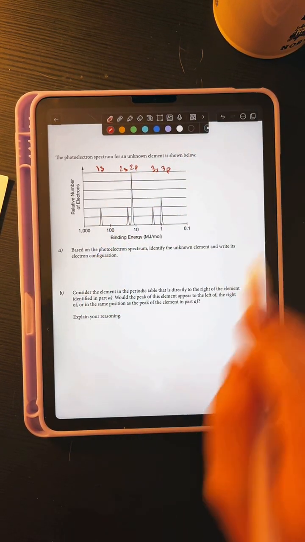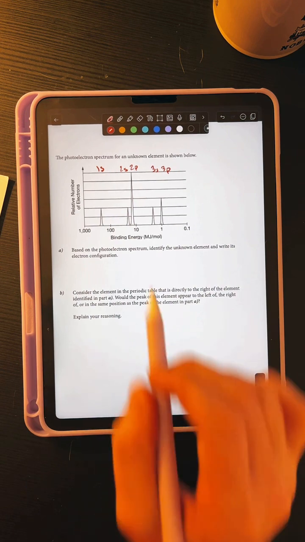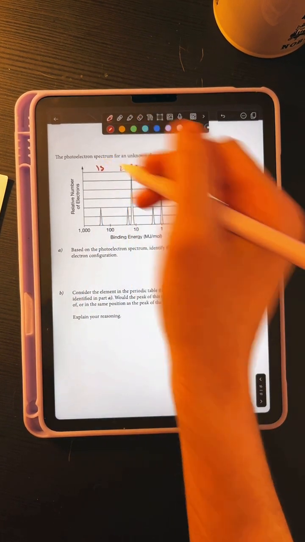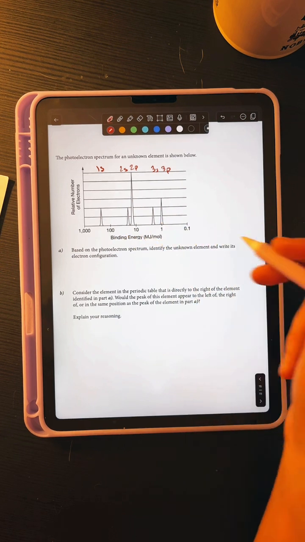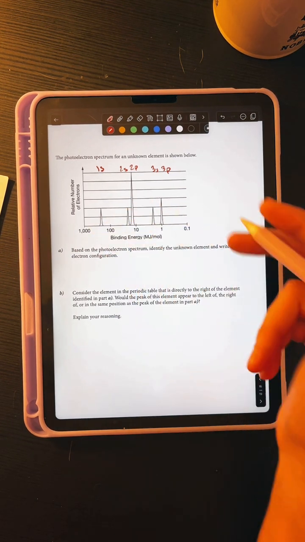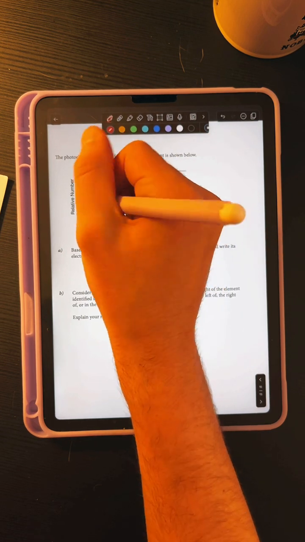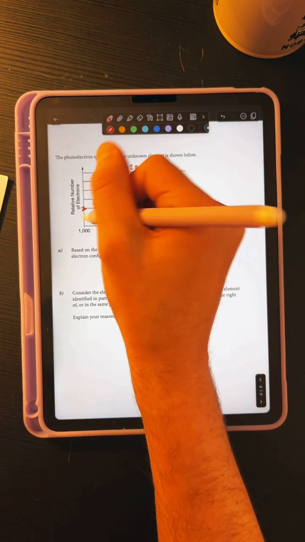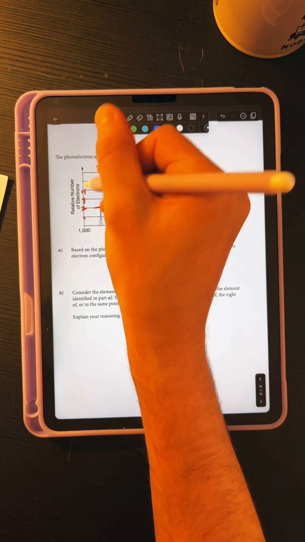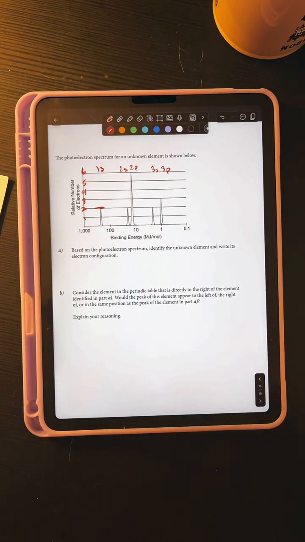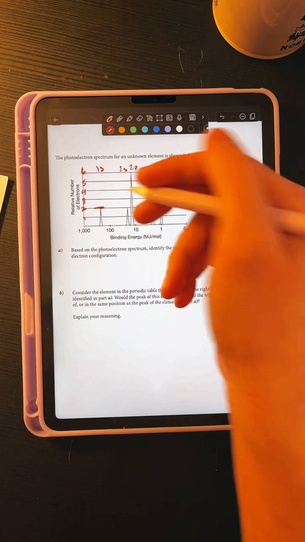Each peak goes in the next orbital. So here, our s orbital is completely filled. So this line tells us it's 2 electrons. So each one of these lines, 1, 2, 3, 4, 5, 6, is a number of electrons that we have.